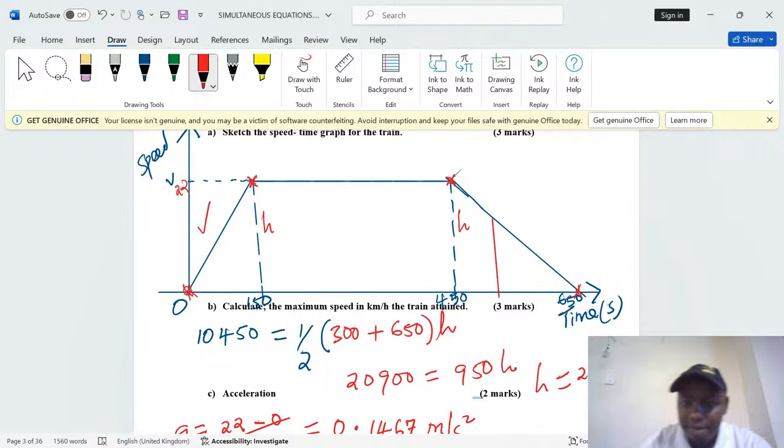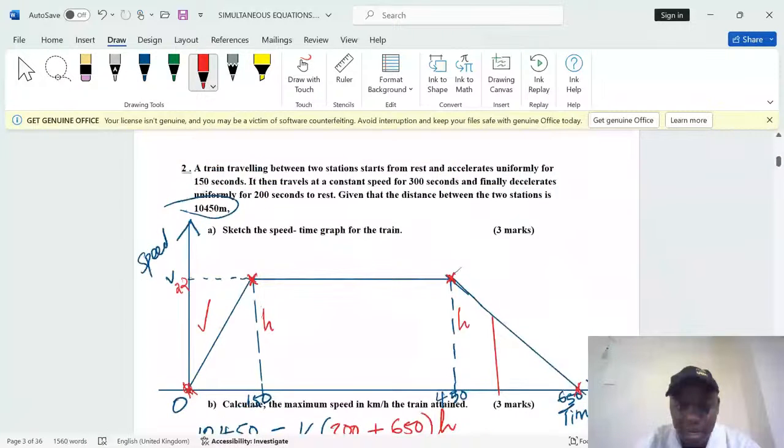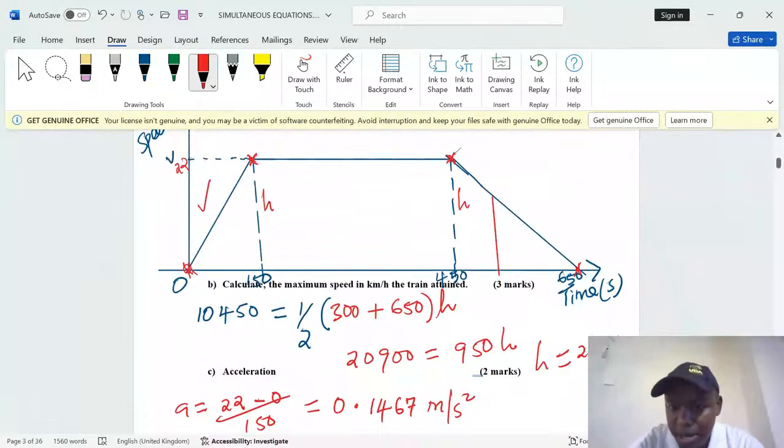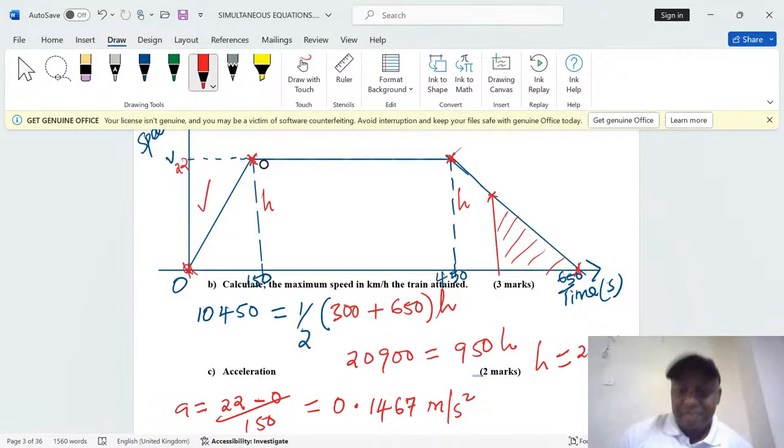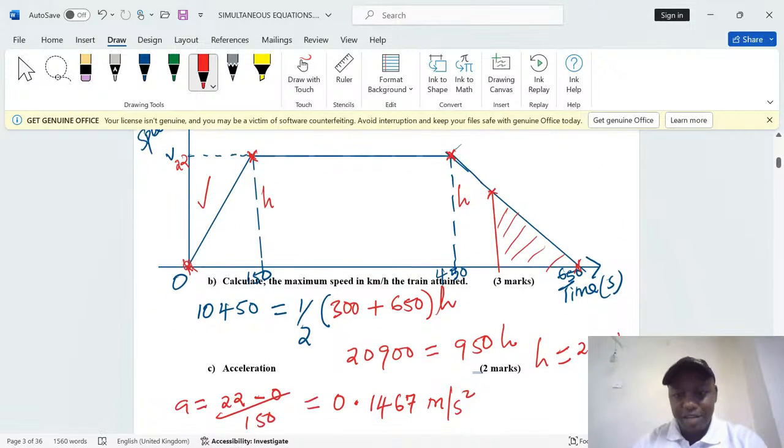So in the last 100 seconds, we will be talking about the area of this, and because the deceleration is uniform, we need to first of all determine the uniform deceleration.